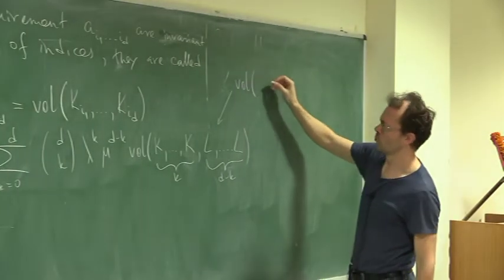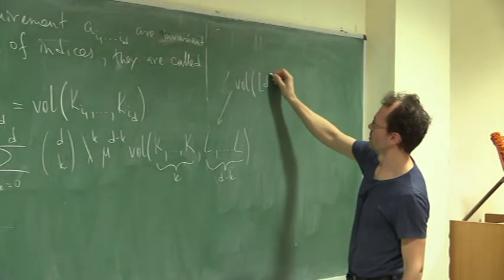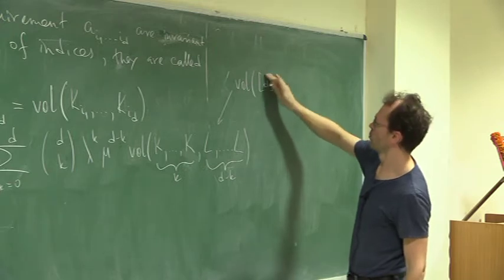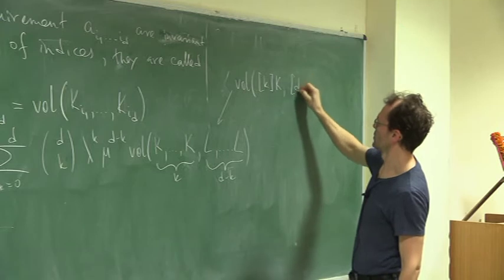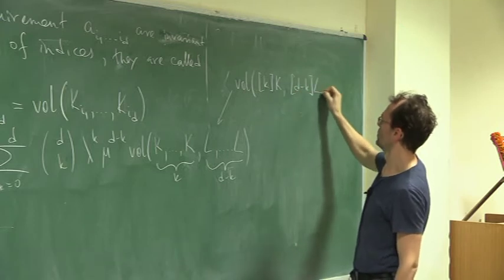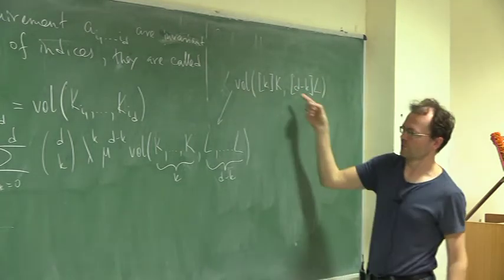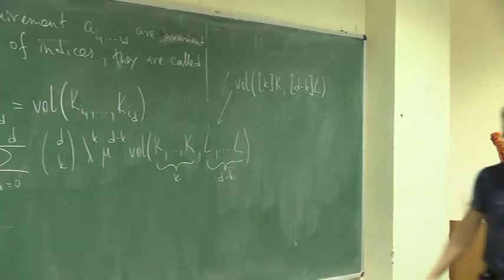One can write the volume, and then in the brackets write how many times I am taking the body K, and then how many times I am taking the body L. So this is a shorthand notation for that.